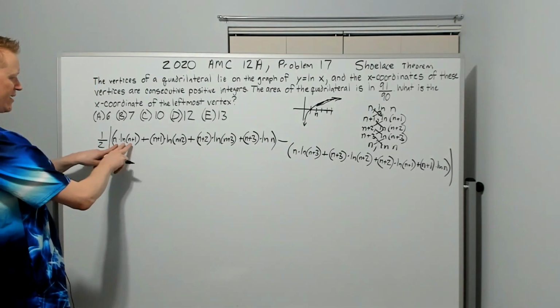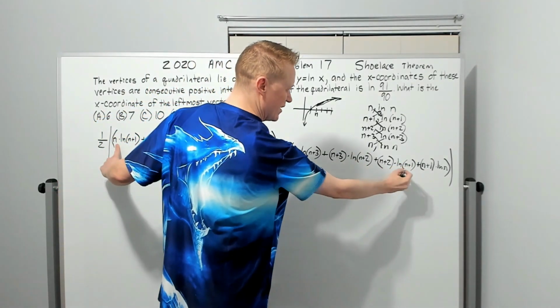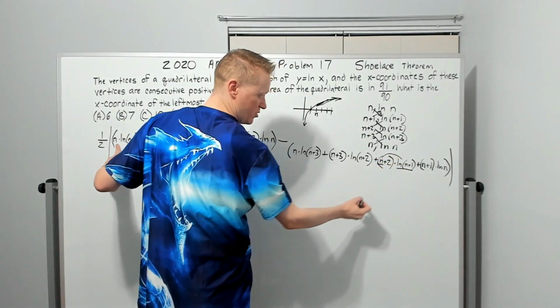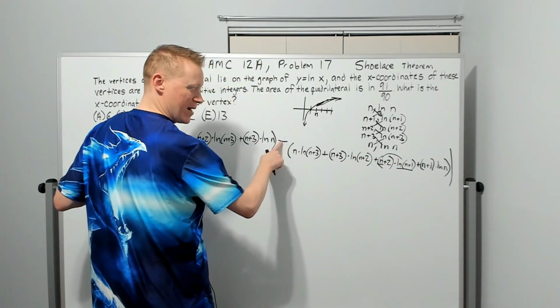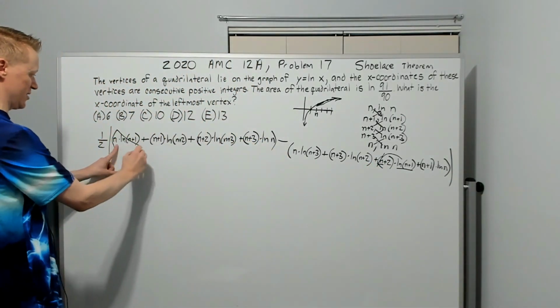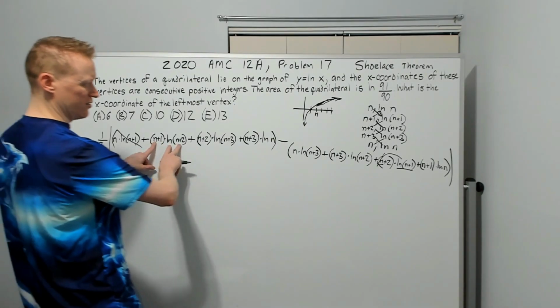So the n times natural log of n plus 1. Do I have one of those over here? I have a natural log of n plus 1 here with an n that's going to distribute to it. In other words, but this has got a minus out front. That n distributed is going to cancel this whole term. Then I have an n times a natural log of n plus 2.